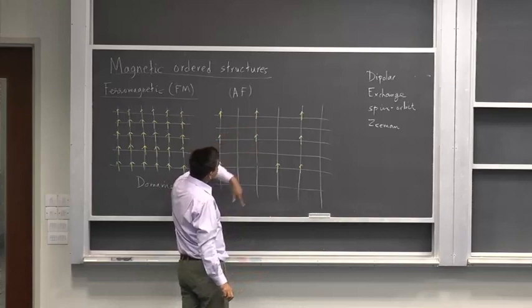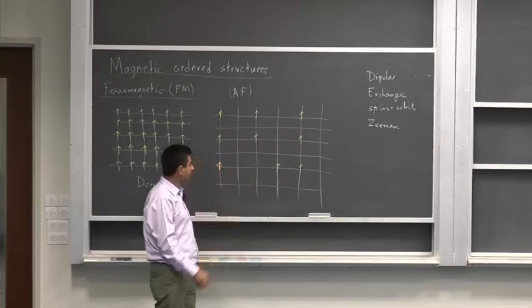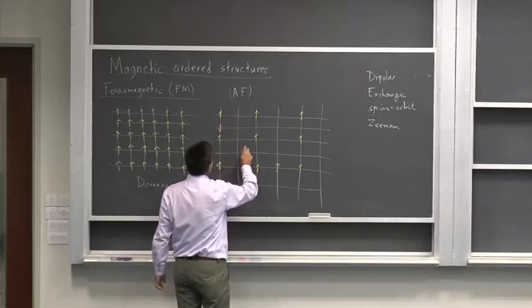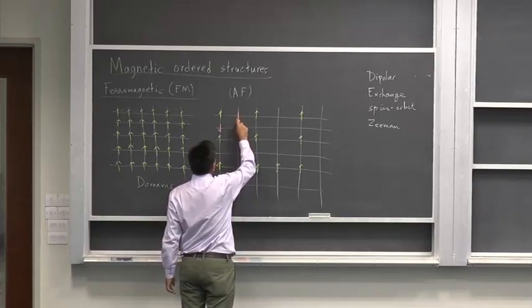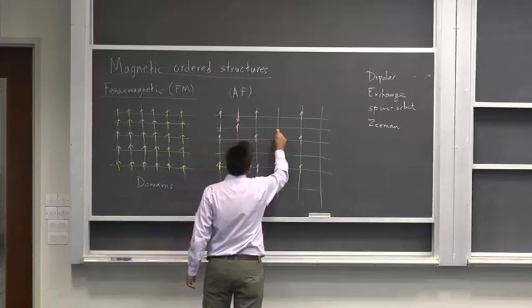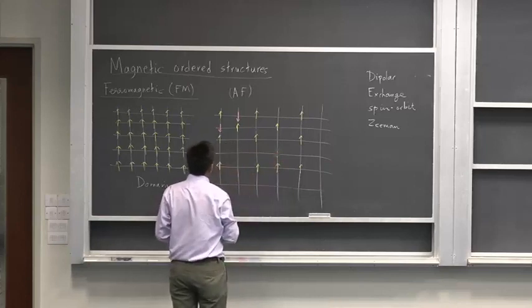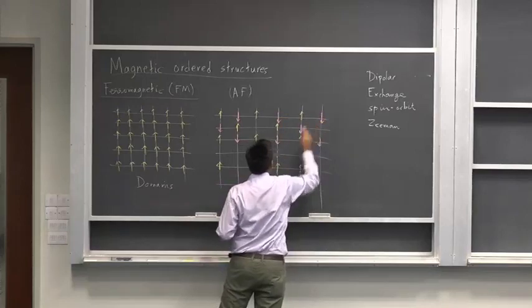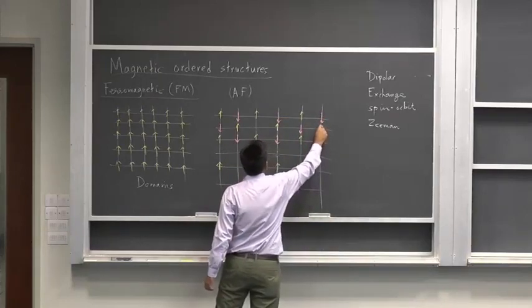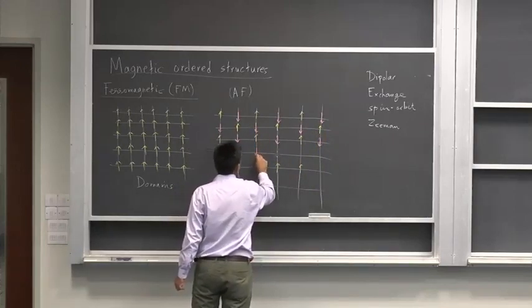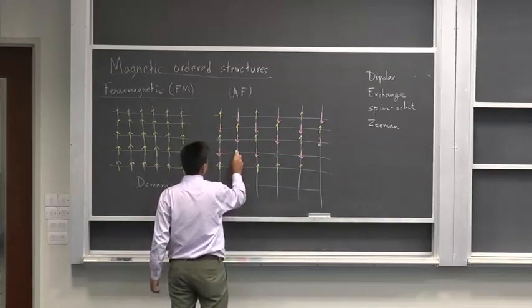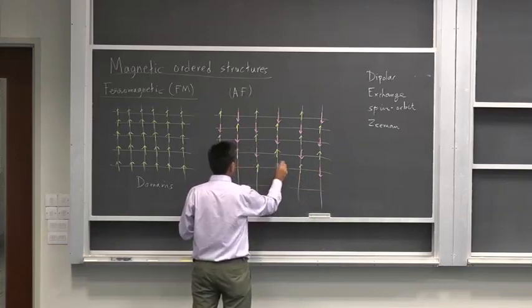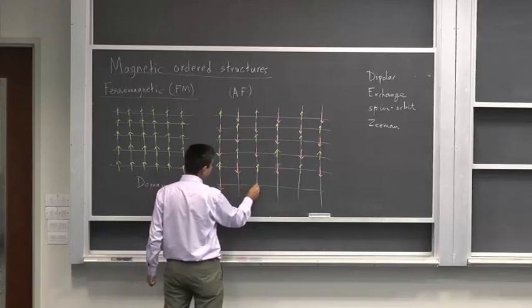All of the spins on these lattice points where you missed one intervening point are pointing in the same direction, whereas adjacent spins... Let me first complete this diagram and then I'm going to explain what's happening here.